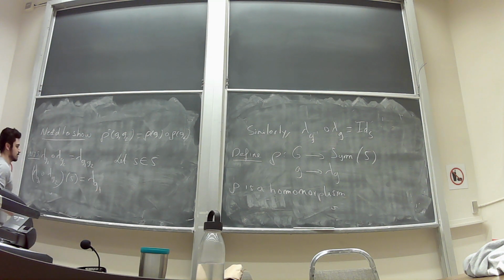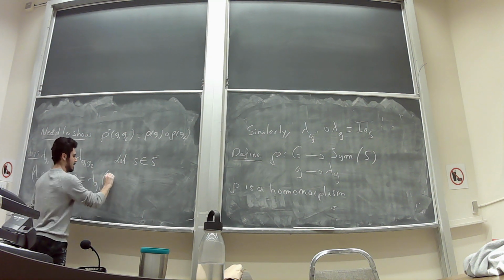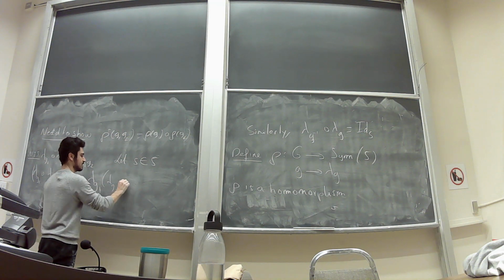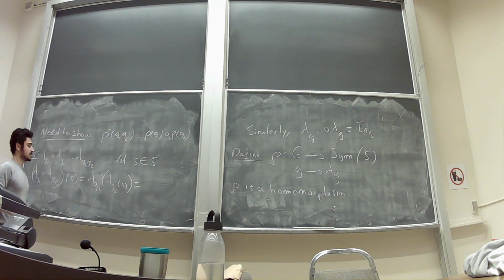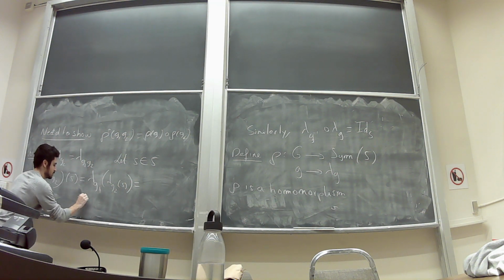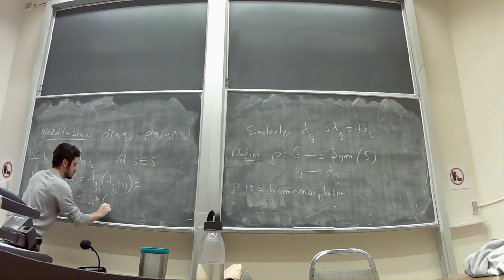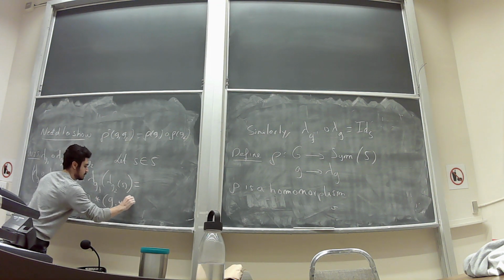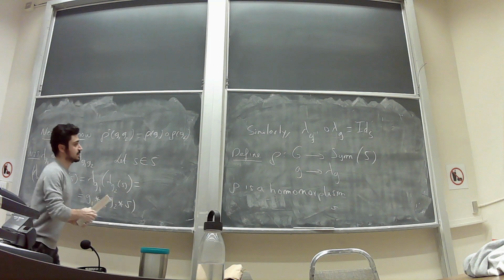So this is lambda g1 applied to lambda g2 of s, which is just g1 star g2 star s.